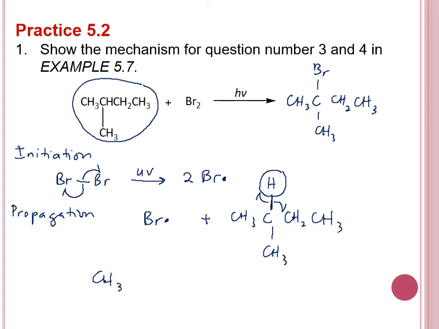So what happened is CH3, this is going to form CH3C Br, and then CH3 CH2 CH3 together with HBr. Sorry, what is going to happen here is the free radical.